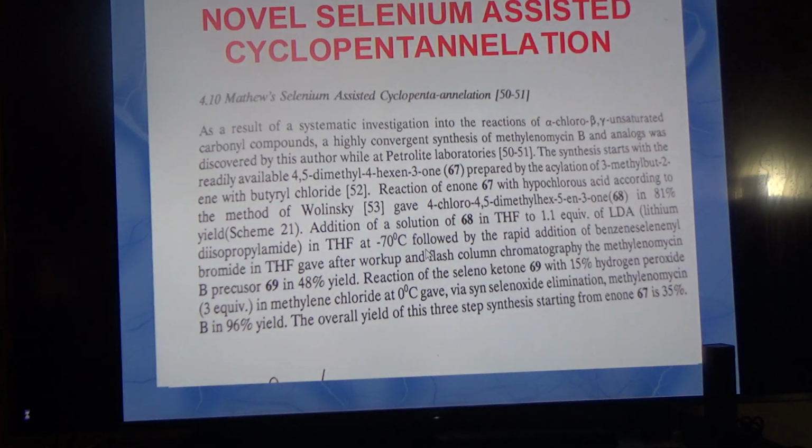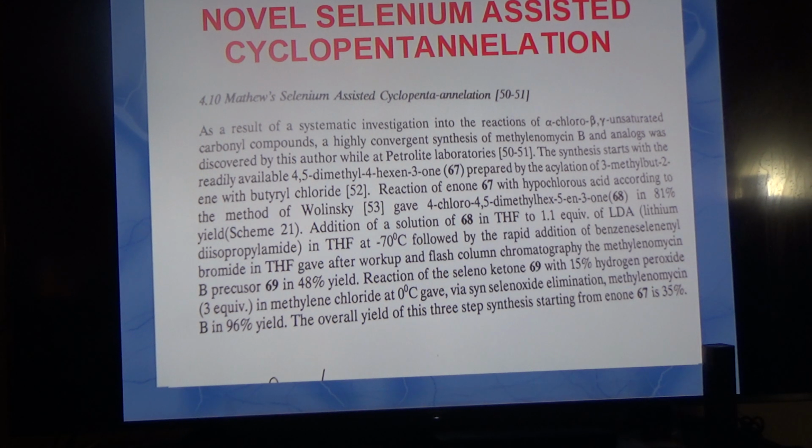Now, the novel selenium-assisted cyclopentenylation. That is the paragraph I abstracted from the textbook. We call it the Mathew selenium-assisted cyclopentenylation. So I have the honor of putting my own last name as the title of this reaction.